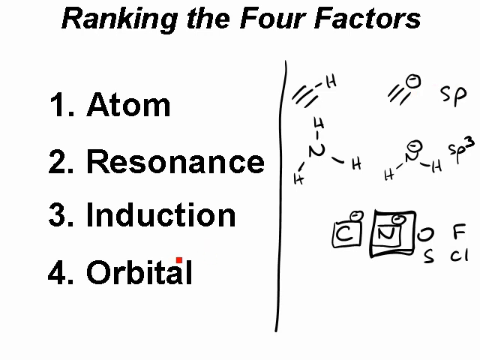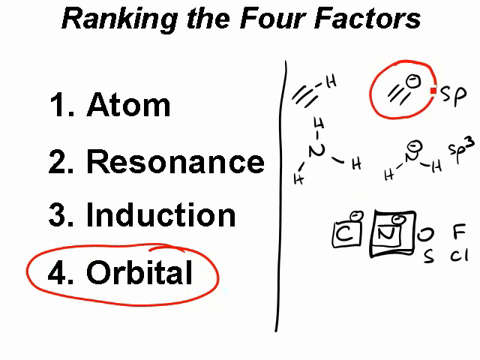And therefore, this factor suggests that the acetylide ion is more stable than the amide, whereas factor number one suggests that the amide ion is more stable than the acetylide ion. So once again, we have two factors in competition with each other. This is the exception to the priorities of these four factors.